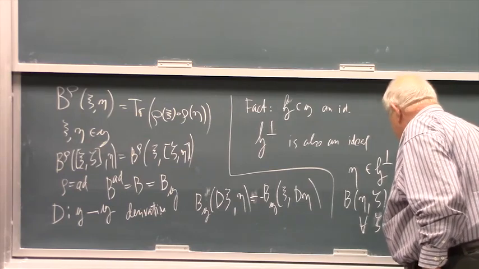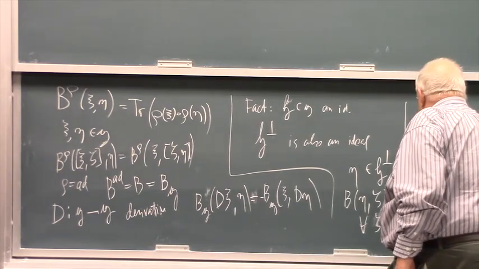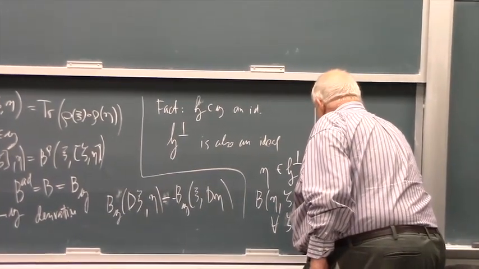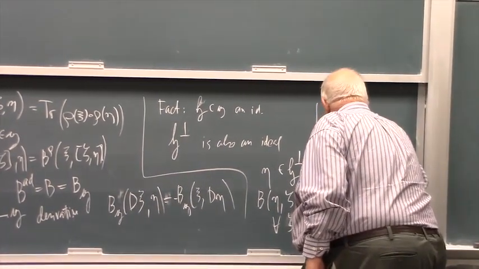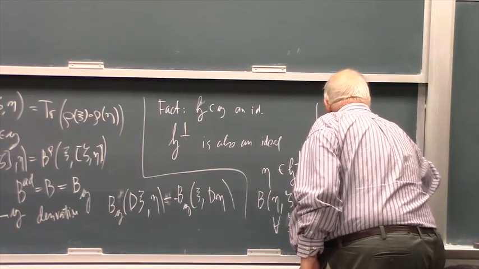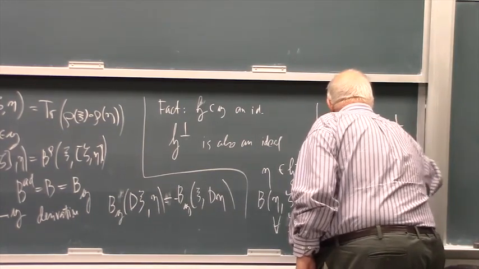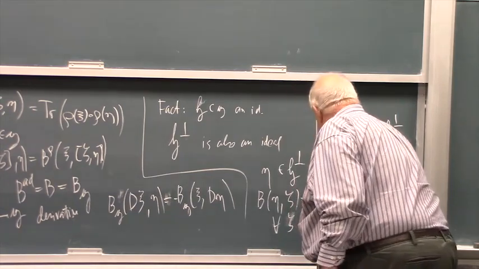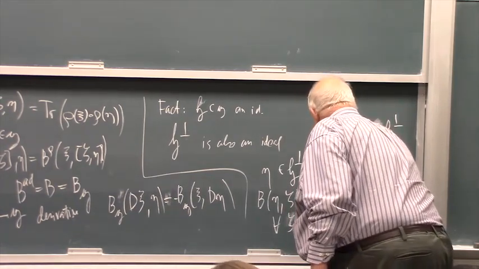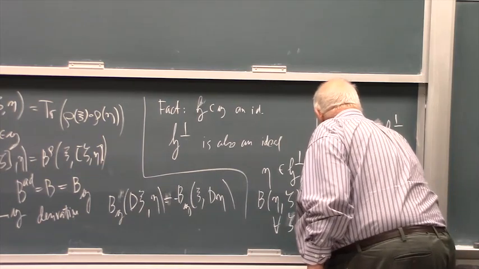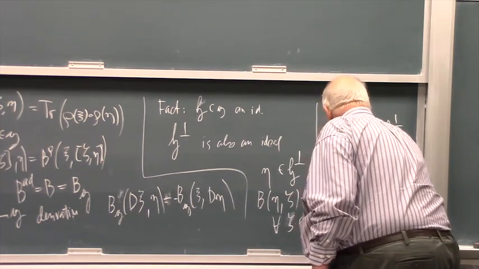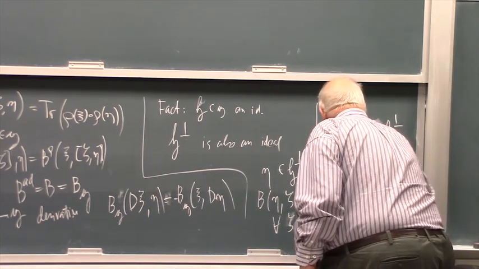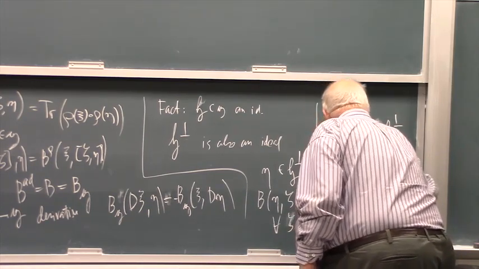Now I want to prove that if xi is in G, then [xi, eta] also belongs to H orthogonal. This means that B([xi, eta], zeta), where zeta is in H, is 0.